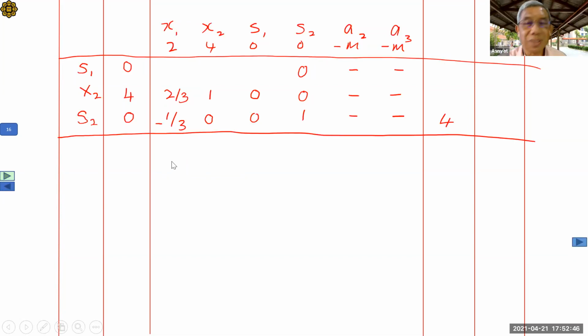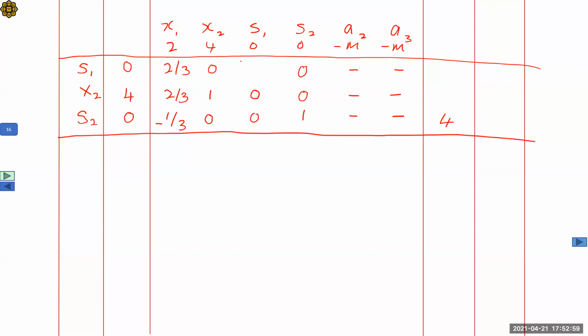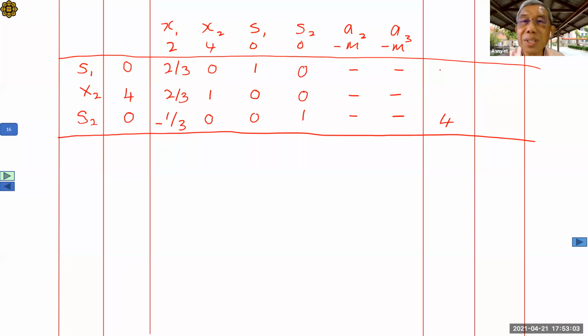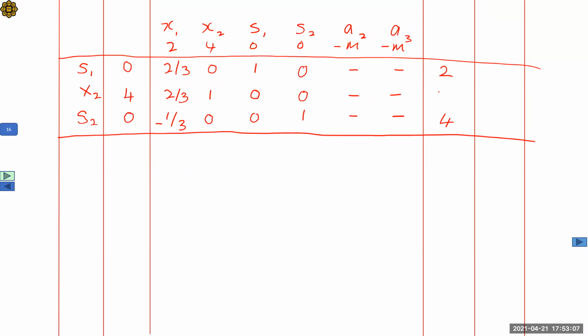Then 0. Is it 0? Yes. Then 1, 0. Okay, 0. What's the last one at the 2? The second one? 16.